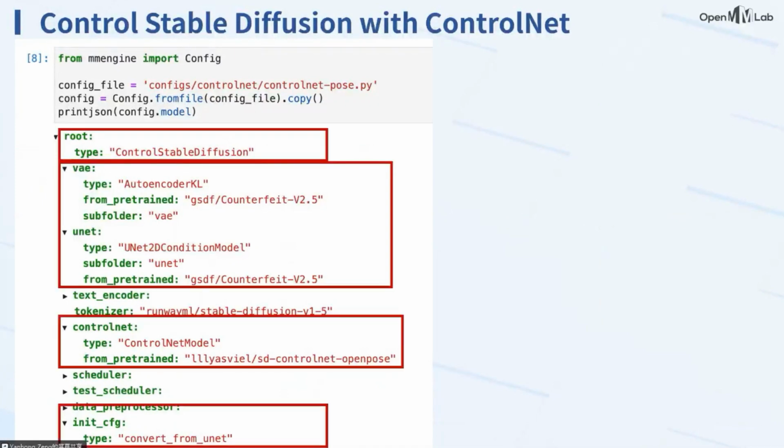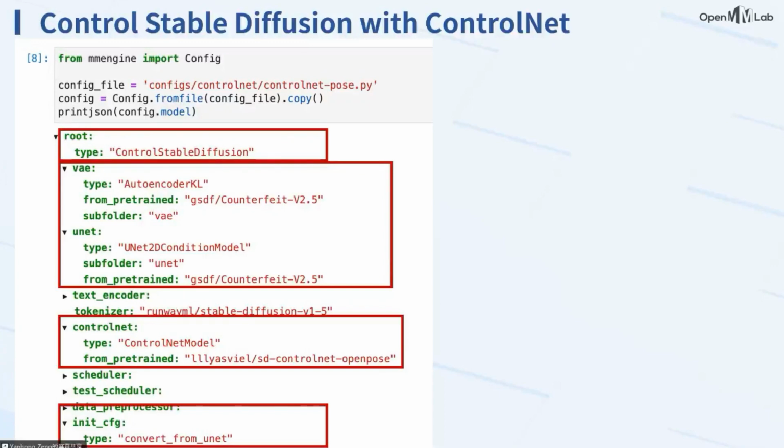Here we need to specify the model type as control stable diffusion, and we can load any pre-trained weights we use in the VAE, UNet, and also the ControlNet.